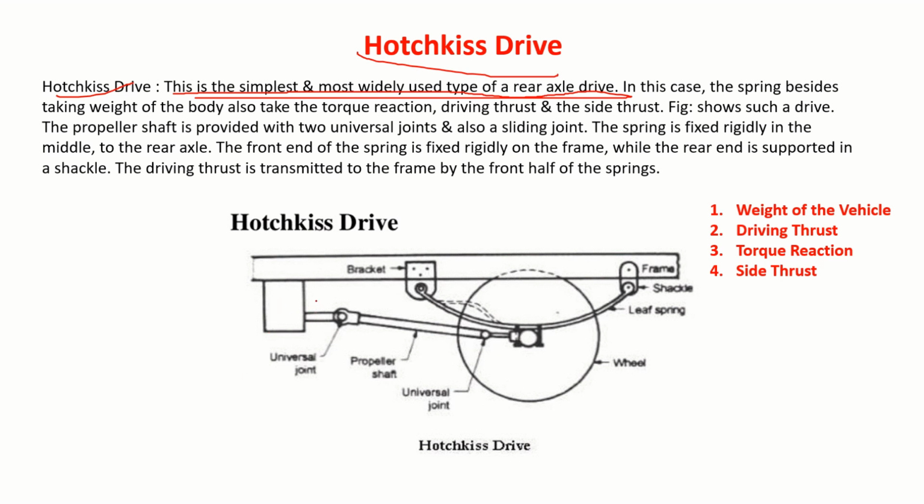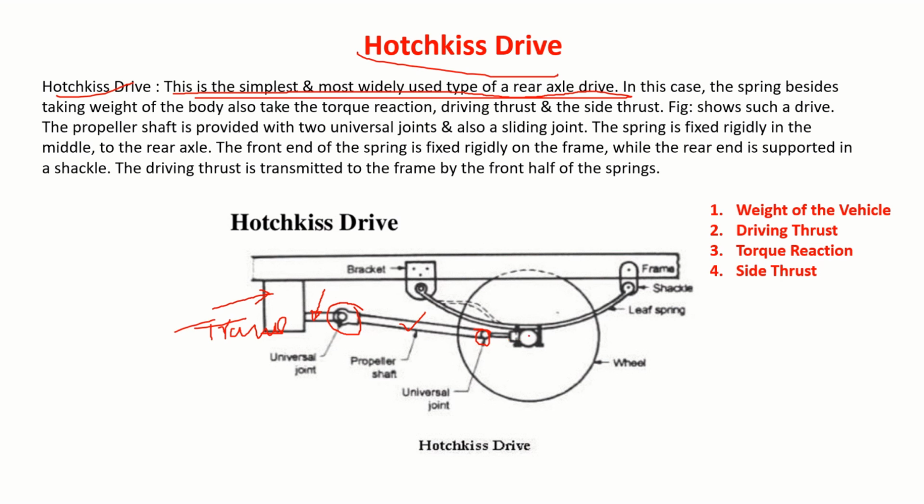So you please see here, this is the transmission. This is the output shaft of the transmission. Here we have a universal joint. Then this is the propeller shaft. We have another universal joint.